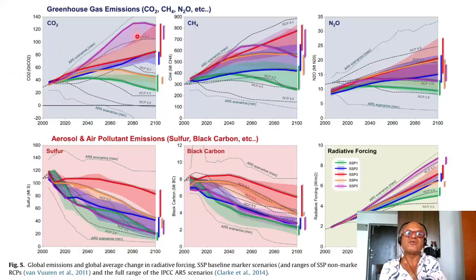Okay, looking at greenhouse gas emissions for CO2 and non-CO2, so methane and N2O, etc. Again, comparing to AR5 scenario max, in AR5 it would have been RCP 8.5, which is here, but max was there and min was here, so it did have negative emissions starting around 2060 in terms of CO2. 2.6 reaches 0 and goes slightly negative by 2080. 4.5 goes here.